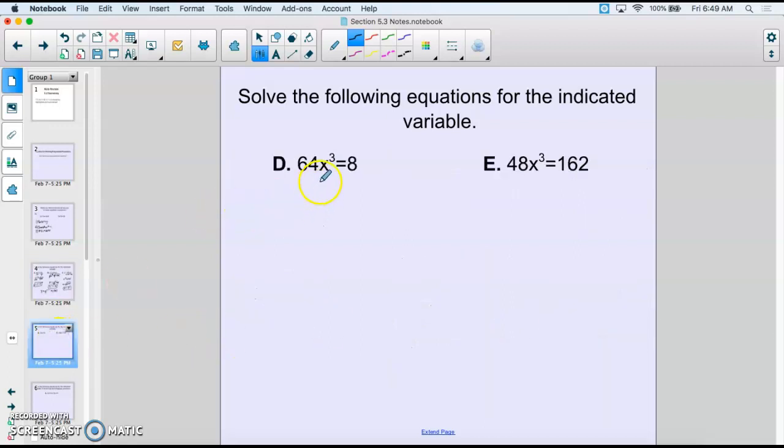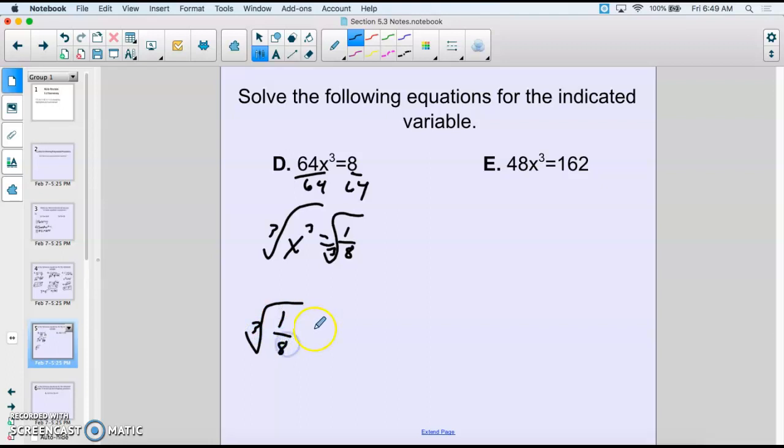Continuing on here, in order to get x by itself, we need to divide by 64. And so we're left with x cubed equals 1 over 8 when we reduce it down. Now, when we cube root this, there's a property that says the cube root of 1 over 8 is the same as the cube root of 1 over the cube root of 8.